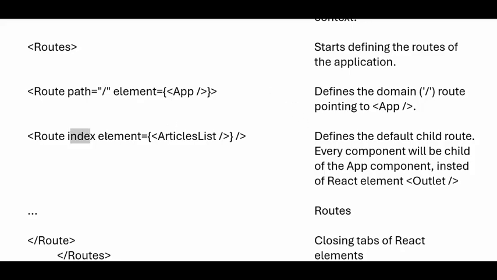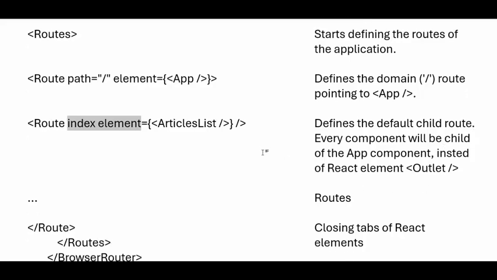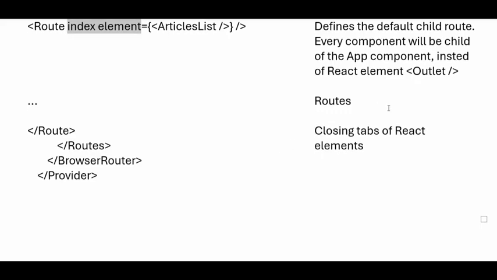A route index element defines the default child route. Every component will be a child of the app component, instead of the React element Outlet. Routes and closing tag of React elements.